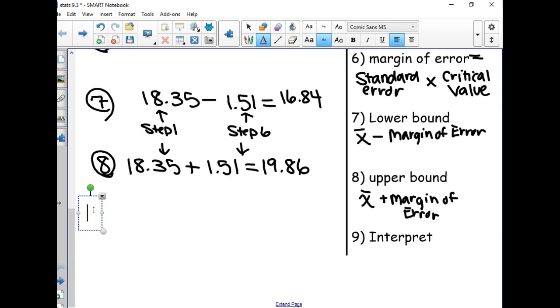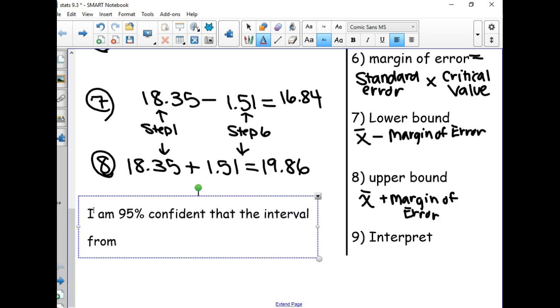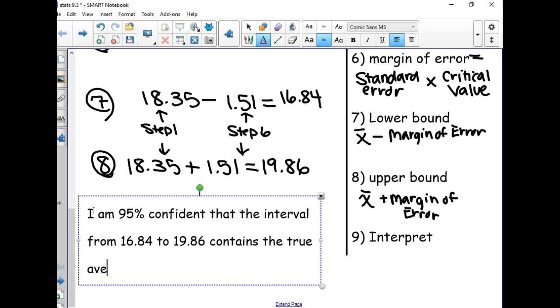We start with, I am 95% confident that the interval from 16.84 to 19.86 contains, and this is where we go to what we underlined, contains the true average call time of customer service agents.